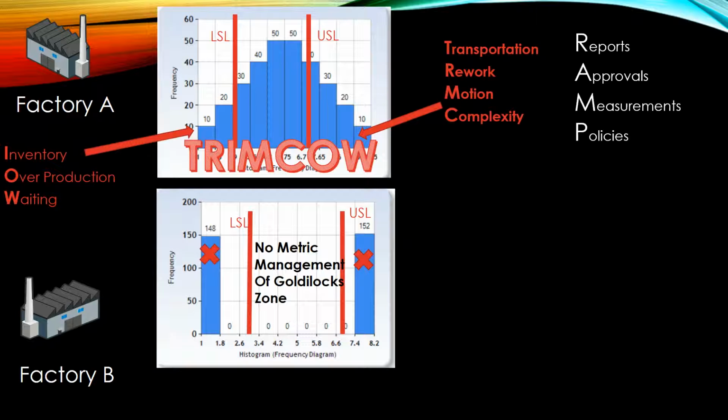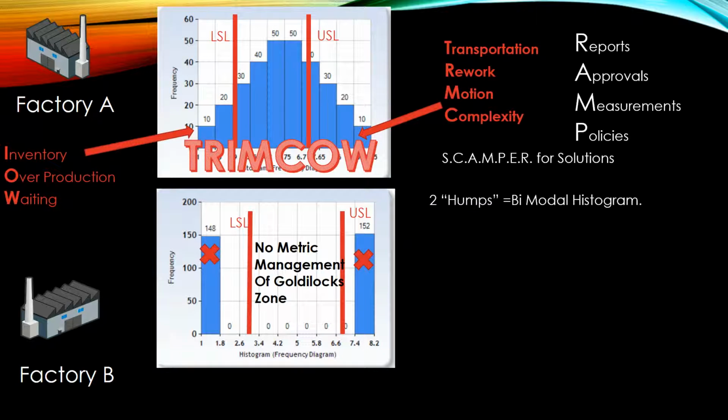Reports, approvals, measures, and policies oftentimes can contribute to non-value added steps that cause longer cycle time. So remember, whatever it is that you're measuring, whether it's phone calls or widgets or claims being processed, if you look at these individual examples on the upper and lower end of the spectrum, keep these types of waste in mind. And SCAMPER, another great acronym for finding solutions to those problems.